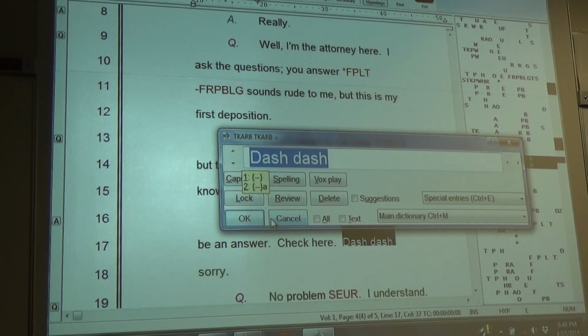Because if not, then you're going to do dash dash, and you can do whatever you want, but I'm telling you, once you get out you're going to want something that's probably one stroke, okay?